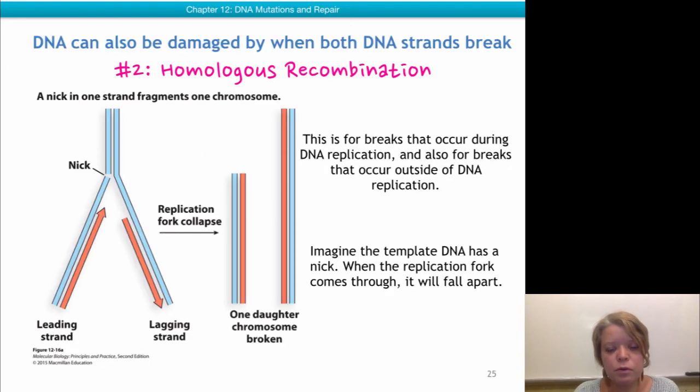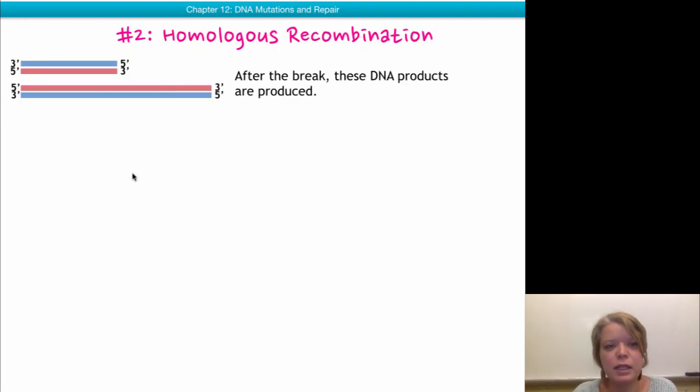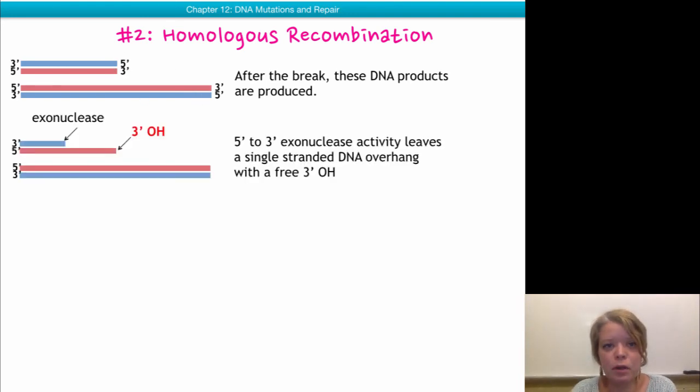If you now look at these two uneven daughter chromosomes and turn them on the side, you'll get something like that. So there's a shorter chromosome that had a nick here and was broken off, and here's the longer one.